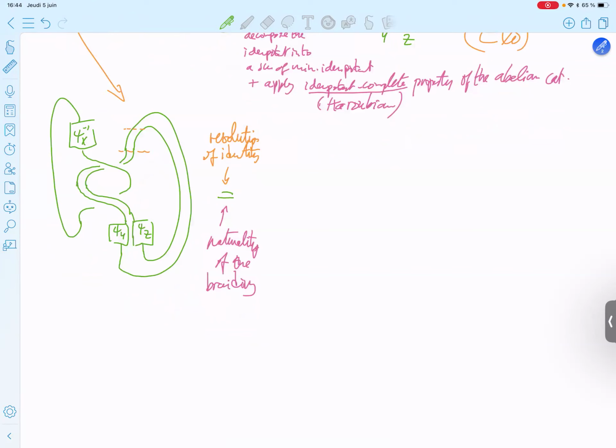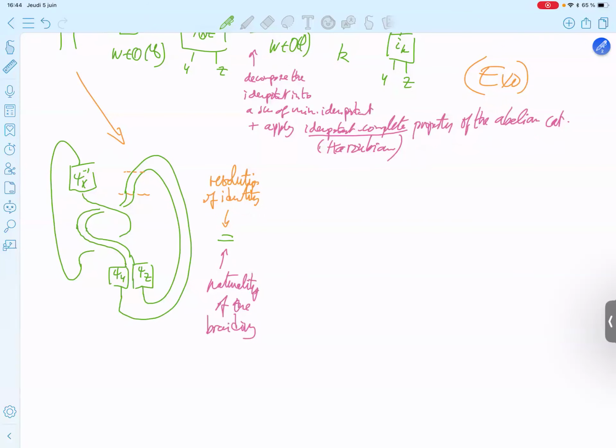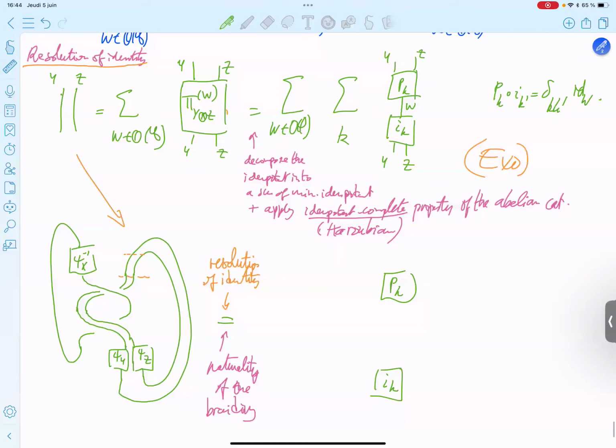Okay, so the epimorphism you keep on the top, but the monomorphism is below, because it went through all the braiding by naturality. Because of that, in between you have W. So you have a single string.